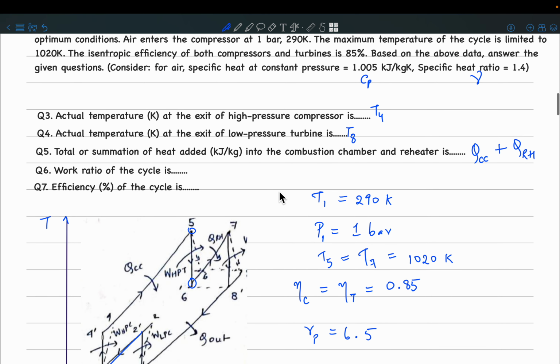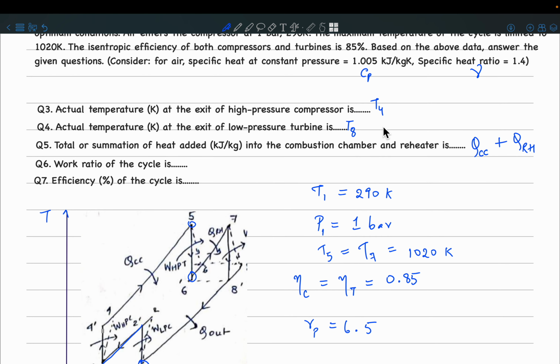So we have found the temperature at the exit of the high pressure turbine. We found the temperature at the exit of the low pressure turbine. Again, we were supposed to find T8. We have only found T6 right now. But as you can see, in the ideal situation, these two temperatures T4 and T2 are supposed to be the same, and T6 and T8 are supposed to be the same.